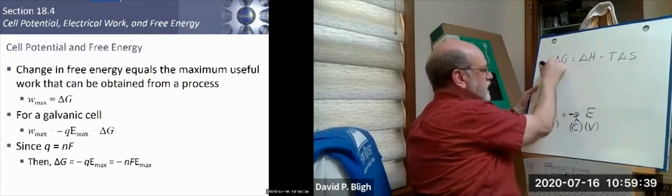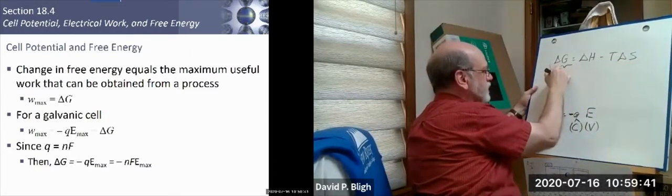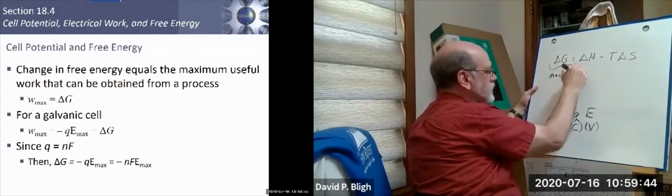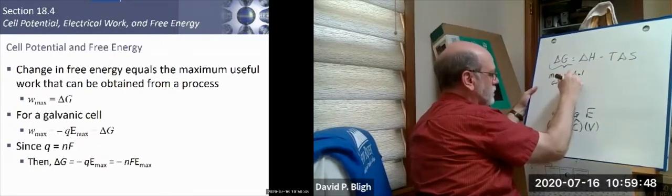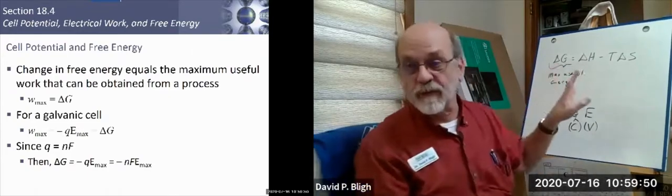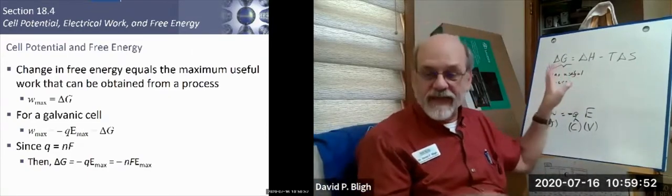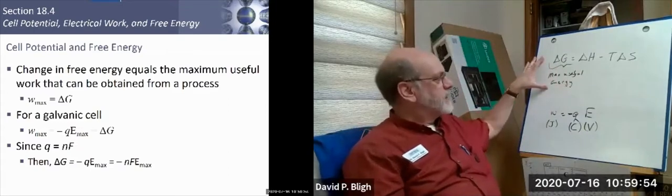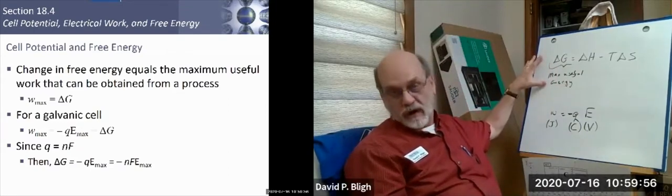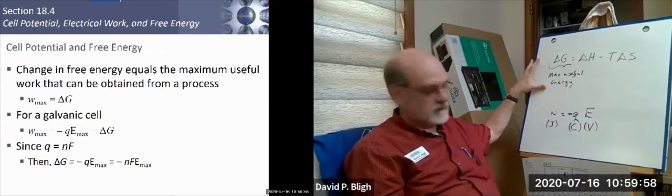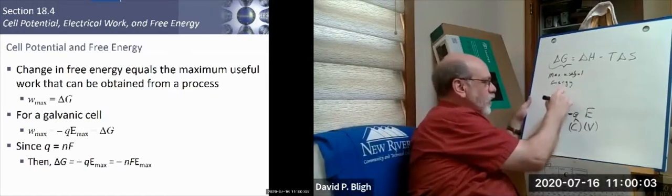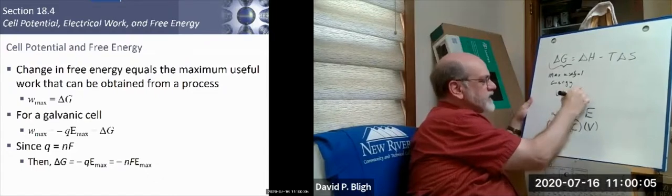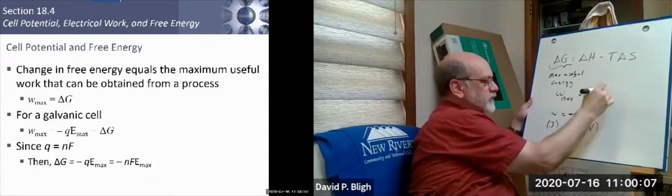So this represents the maximum useful energy available from a reaction. And that maximum useful energy is equivalent to the maximum work that can be obtained. So that's why we say that the maximum amount of work is equal to the change in Gibbs free energy.